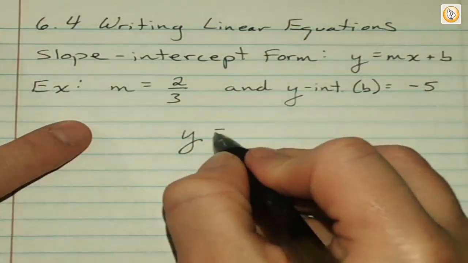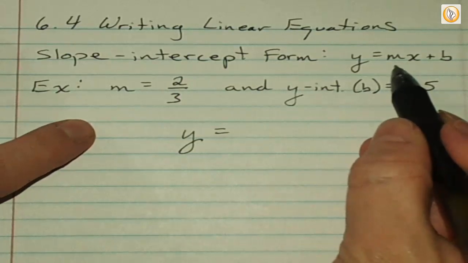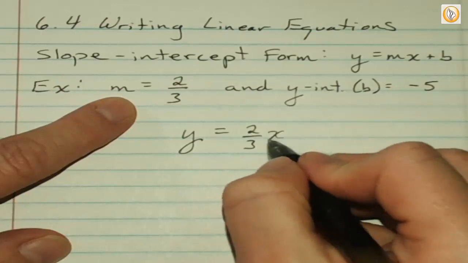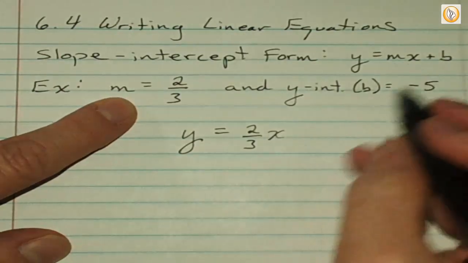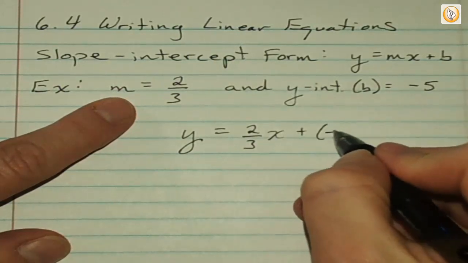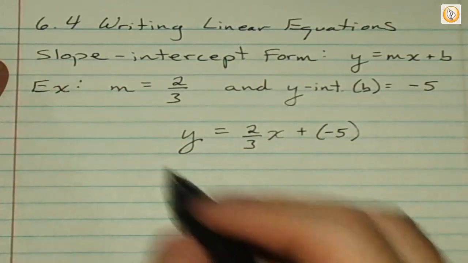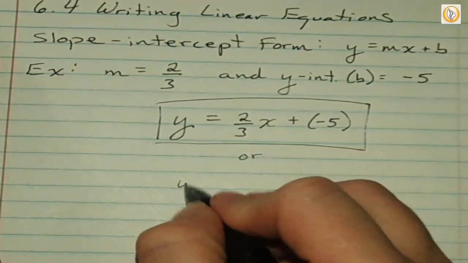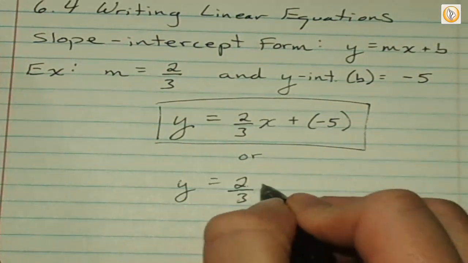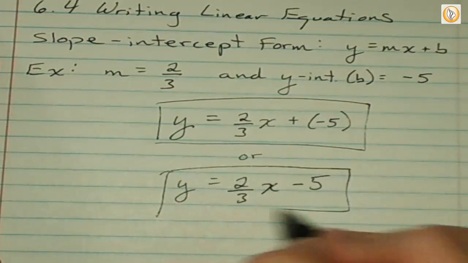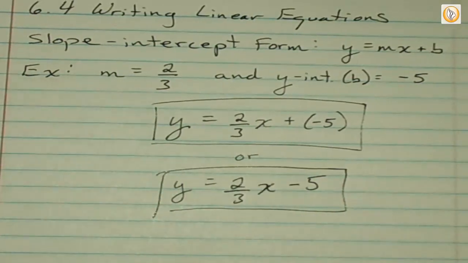Y equals, what would m be? 2 over 3 x, don't forget that's separate, plus -5. And there's your answer. Or you could write it as this, because really it's the same thing.